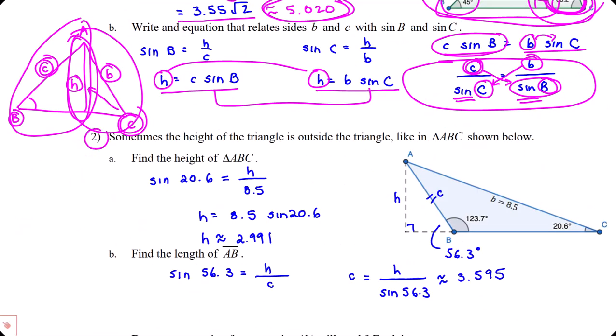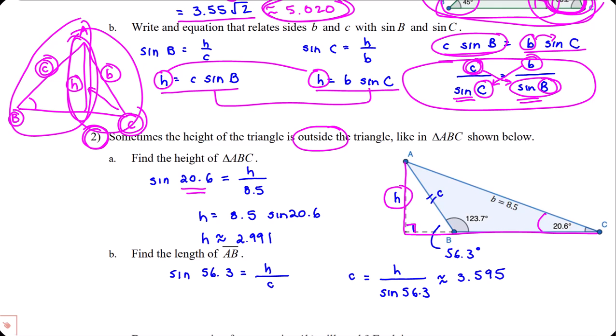In this case, in number 2, the height is outside the triangle. But I can still use this right angle because height is always perpendicular to the side opposite it, or the side extended. So here's the angle of 20.6.